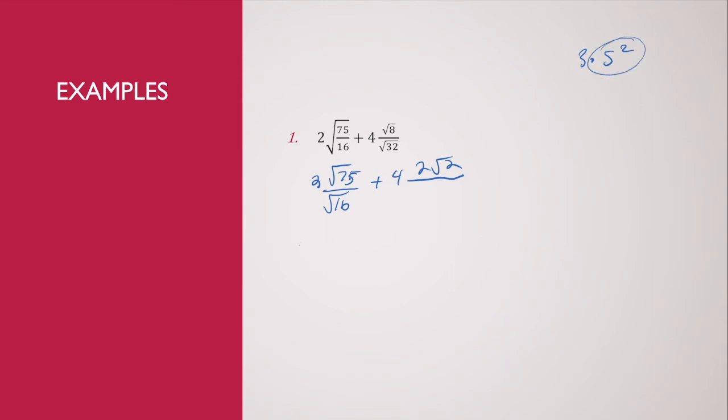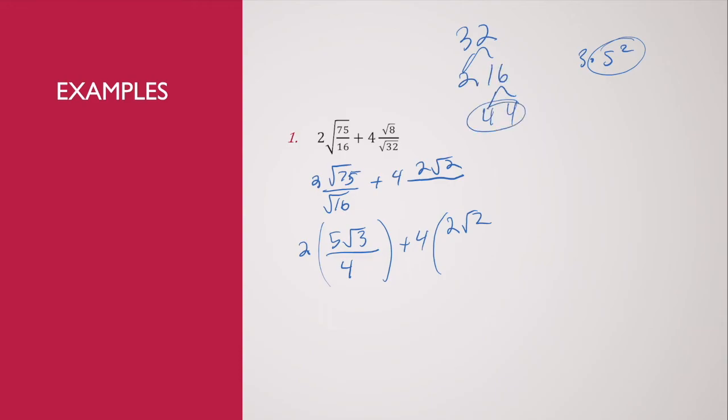So I have 2 times 5 square root of 3 over 4 plus 4 times 2 square root of 2 times the square root of 32. Square root of 32 is 2 times 16, which is 4 times 4, so I've got 4 square root of 2.